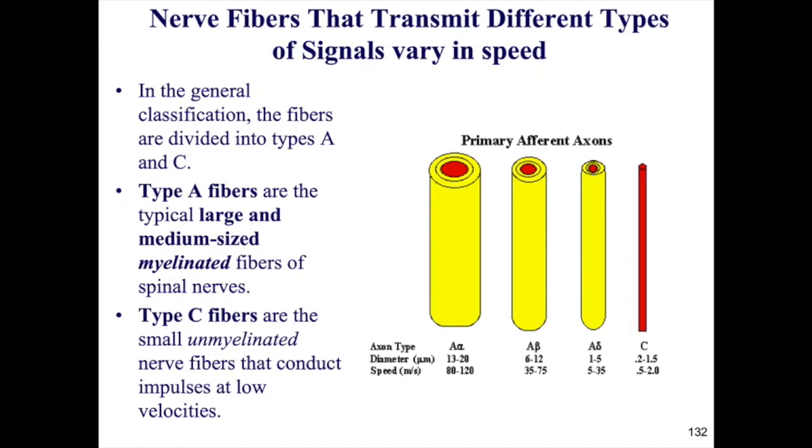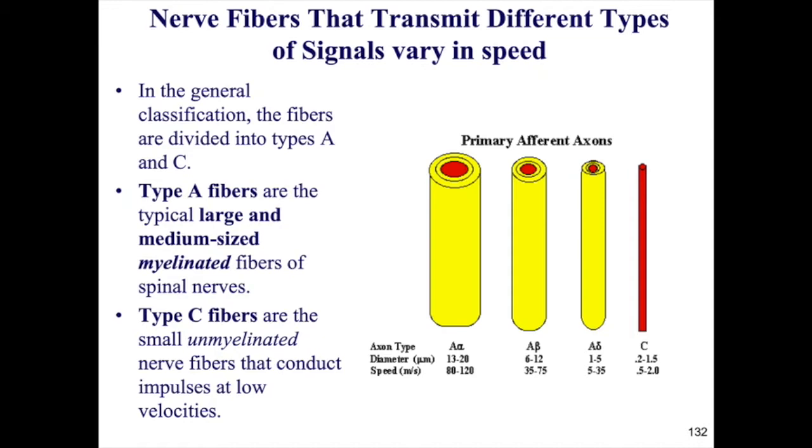So you have here two types of fibers, axons. We have the type A, and you have the type C. The pain type A we can even add a little bit more, and it's called type A delta.